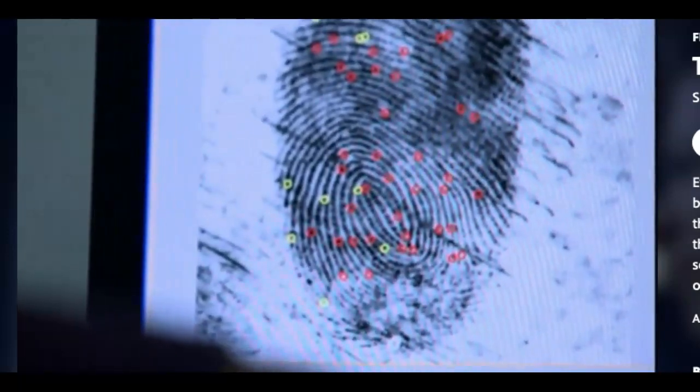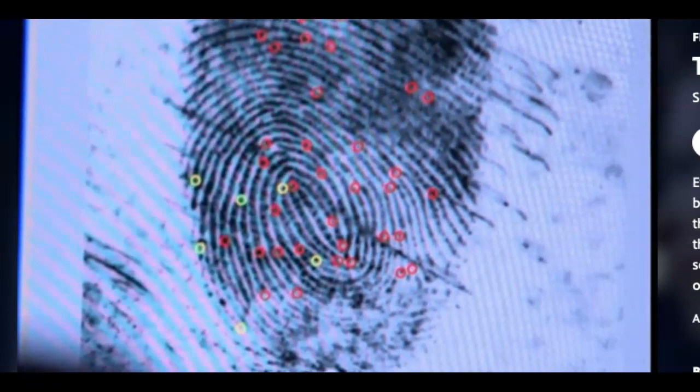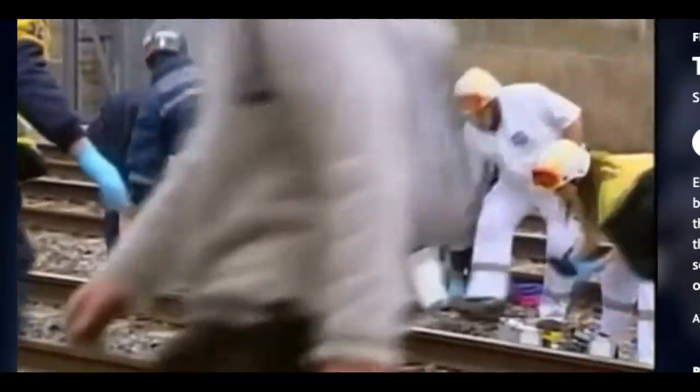For over a century, fingerprints have been used to identify criminals, from petty thieves to international terrorists. In 2004, a series of explosions in the subways of Madrid killed or injured nearly 2,000 people.